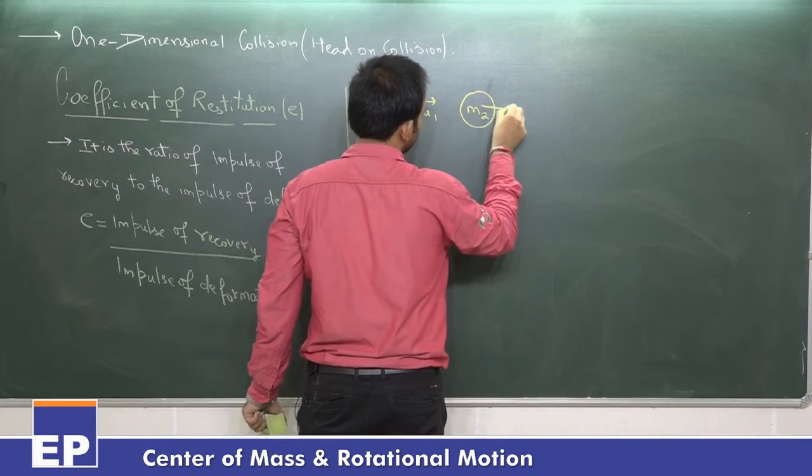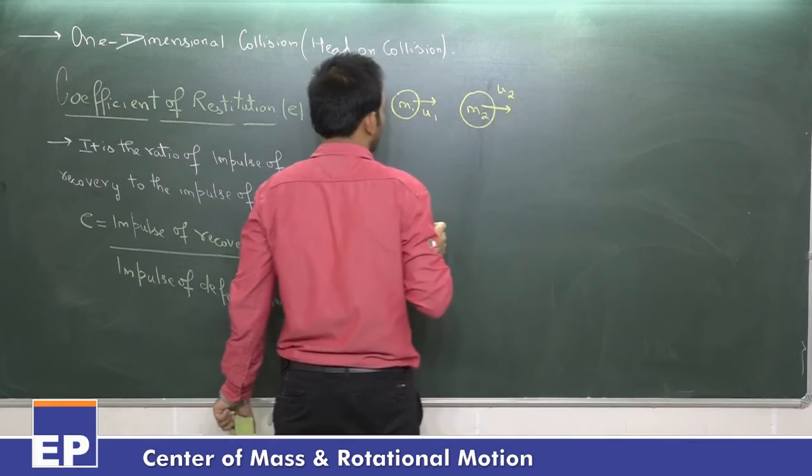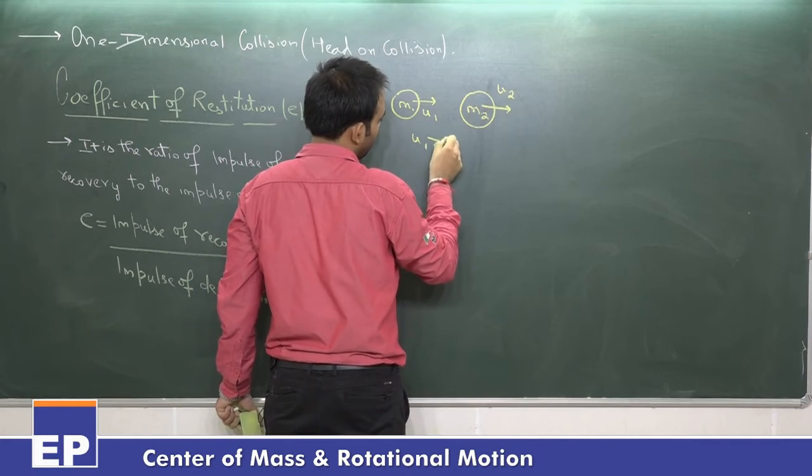It is moving with U1, it is moving with U2 before collision. Of course, before collision, U1 is greater than U2.